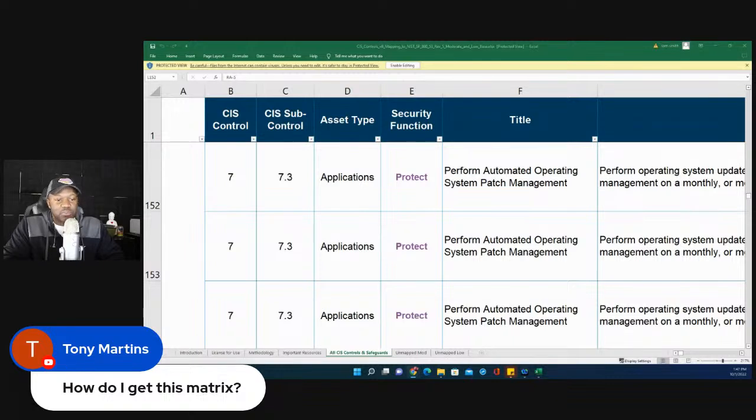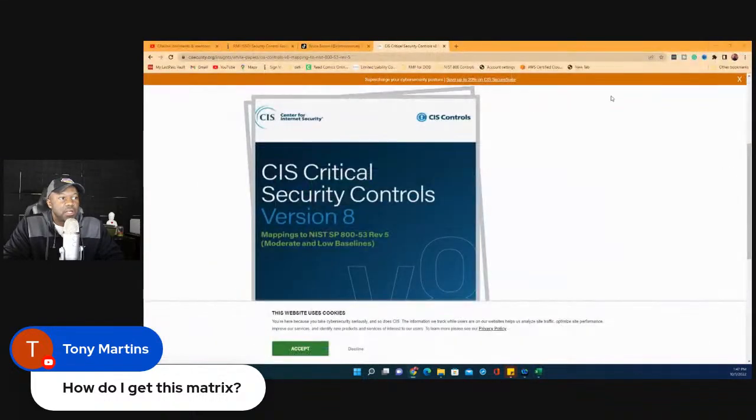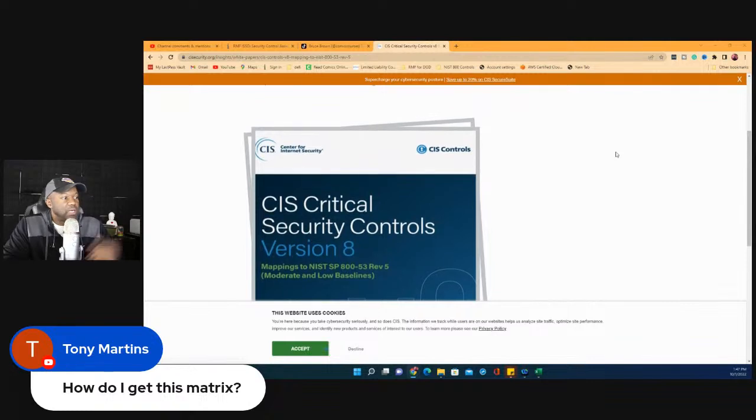How do I get this matrix? If you want to get this right now, you don't want to wait for me to do this, you can get this off of CIS's website. Let me show you real quick. All the extra value I'm adding is telling you guys, in layperson's terms, what's going on. But if you want to get this yourself, let me switch it just for the 1.5 people watching me on TikTok real quick.